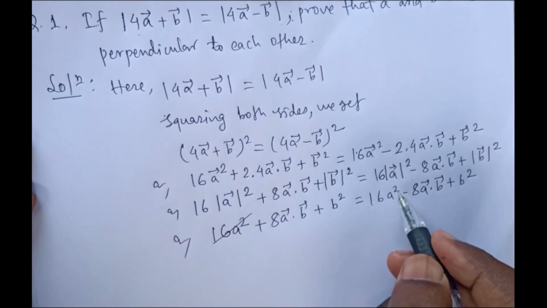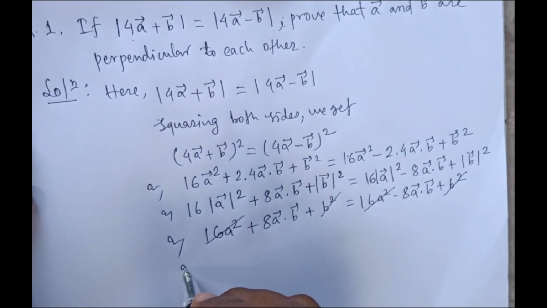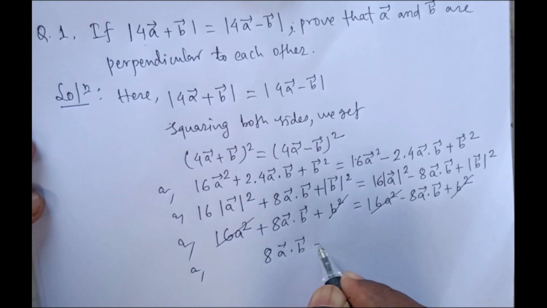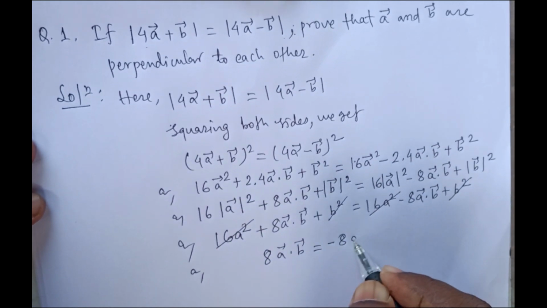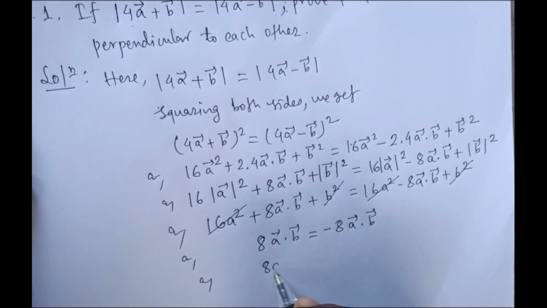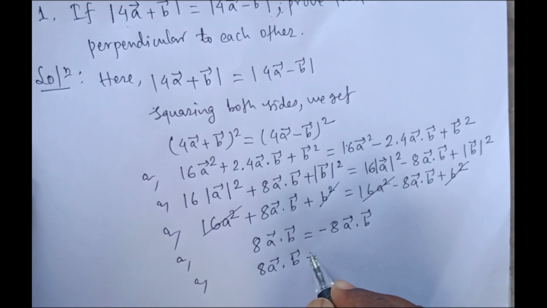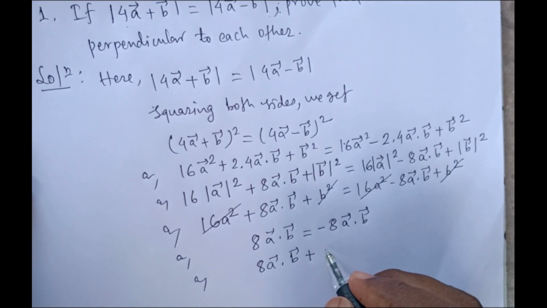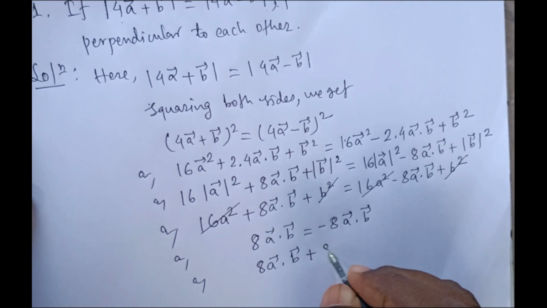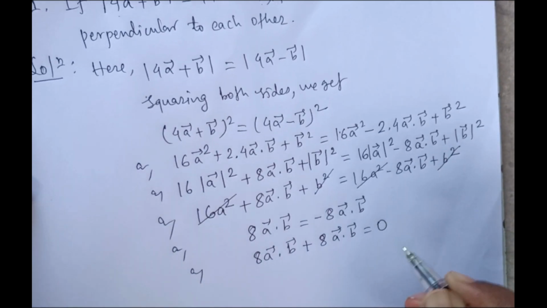Now this will be cancelled, this will be cancelled, and what remains is 8a·b = −8a·b. Transposing to the left side, it will be 8a·b + 8a·b = 0.